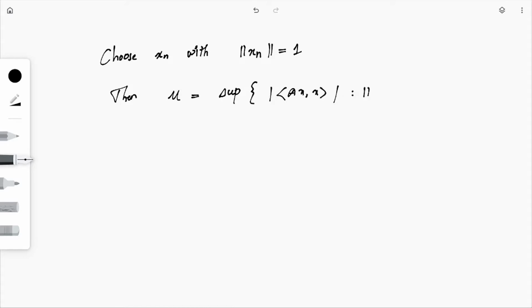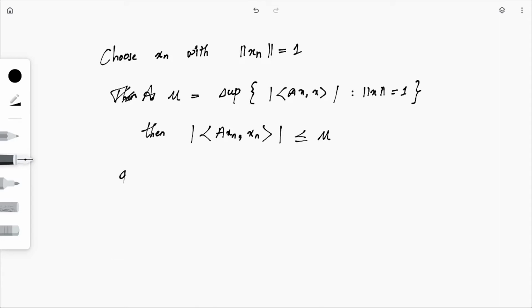The condition was that norm x should be equal to 1, right? So I'm choosing xn such that norm xn is 1. Since norm xn is 1, I can say that the modulus of the inner product of A xn, xn, a particular term of this collection, will be less than or equal to mu, right?